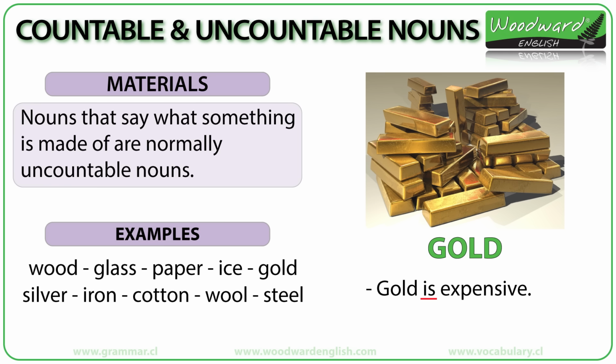For example, you cannot count gold. You could count bars of gold, but you're counting the number of bars and not the gold. Gold is expensive. Notice how we use a singular verb, is, because gold is uncountable.